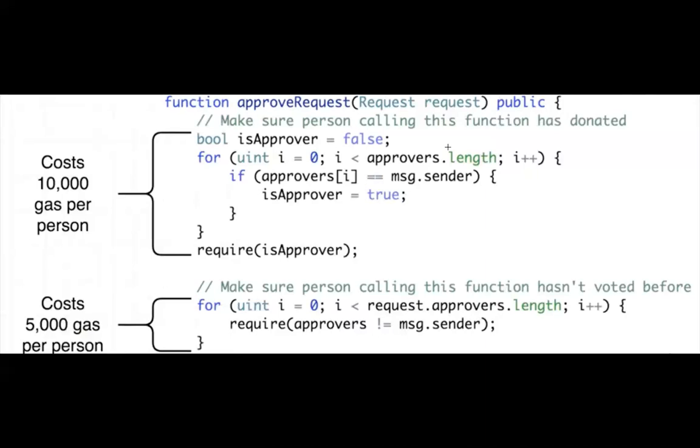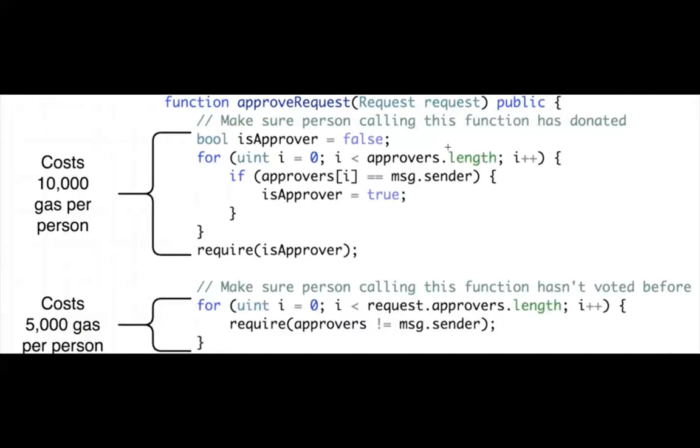Now we need to develop a voting system for many thousands of contributors inside a single campaign. So what happens to our gas costs when we imagine a campaign with thousands of people? Imagine we have 5,000 contributors. We have to run the for loop 5,000 times for each contributor, times 10,000 gas.